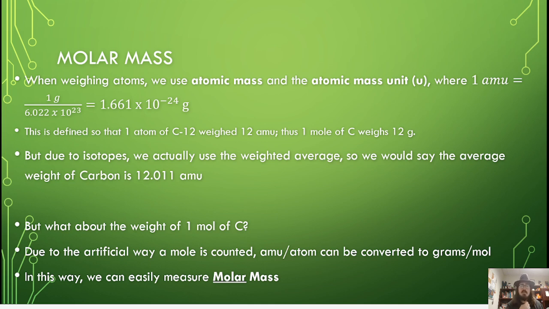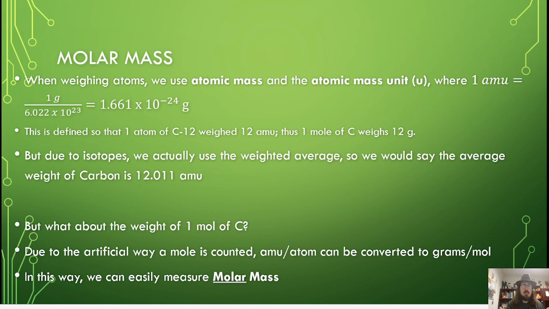We specifically calibrated 1 AMU so that 1 atom of carbon 12 weighs exactly 12 AMUs. And because of the conversion factor between moles and atoms that we'll see, 1 mole of carbon 12 would weigh exactly 12 grams, assuming we had only carbon 12.